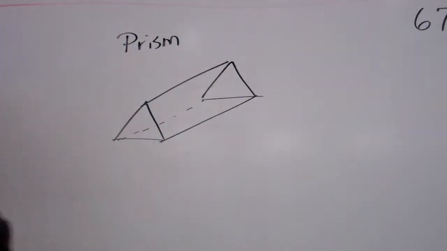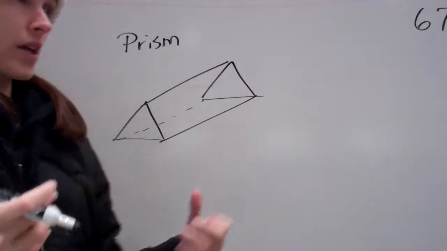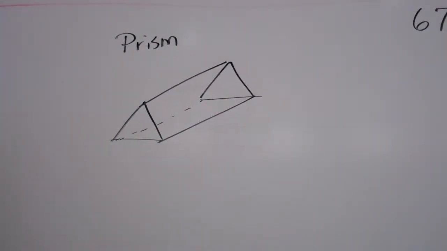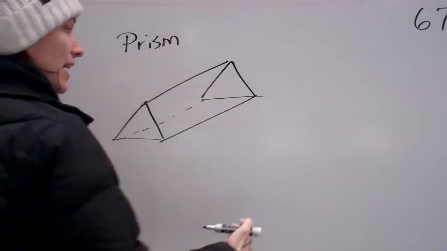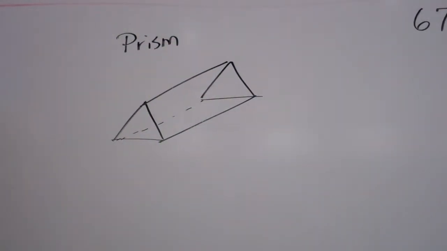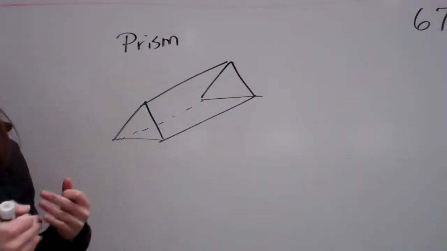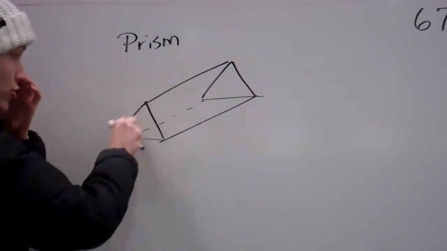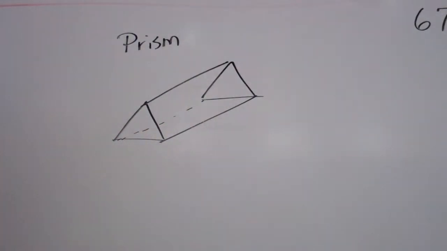A prism means that I have the same shape all the way through this space, kind of like a cylinder. If I were to cut a slice out of this piece, it would be the same slice every time. Does everybody understand how it's a constant running through of the same shape? It's basically a triangle going all the way through. A bunch of triangles would fill up that space of the same size. That is what a prism is.